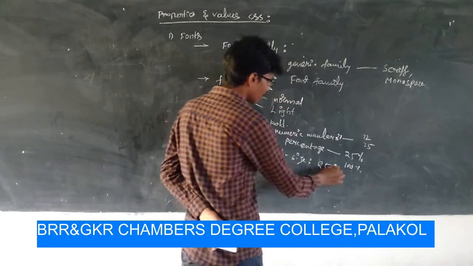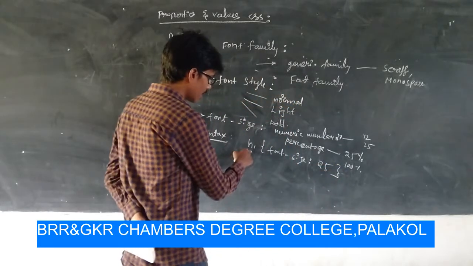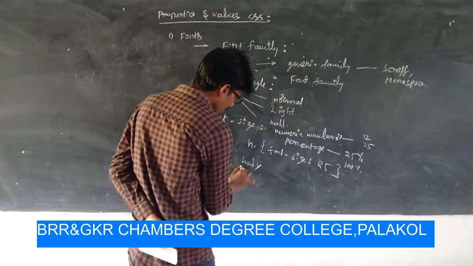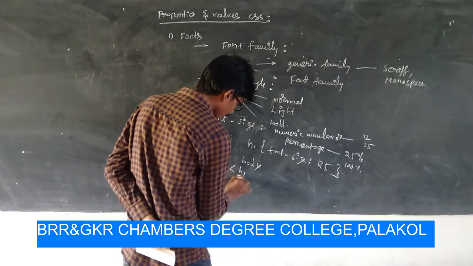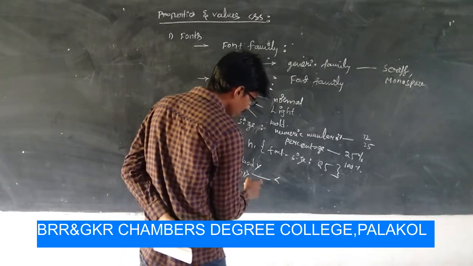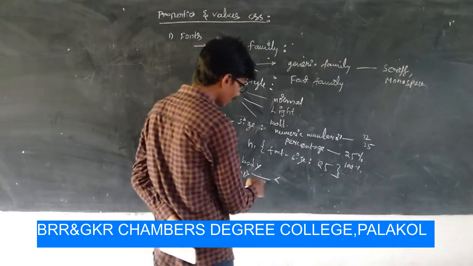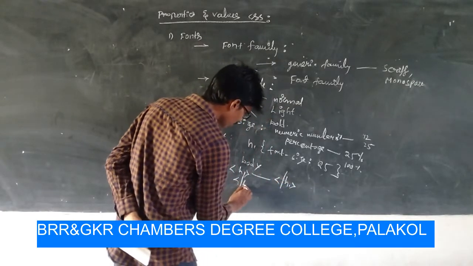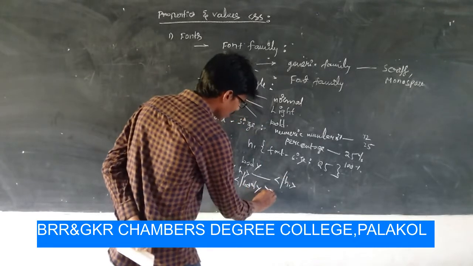After that close this tag, then in the body part you mention the h1 tag, and it automatically applies to the text you mentioned in the h1 tag. Then close the h1 tag, then close the body section.